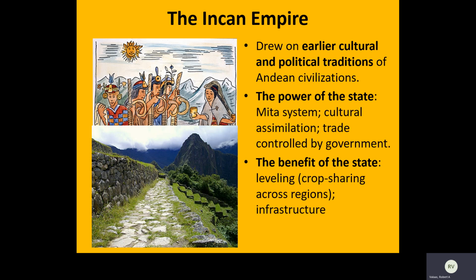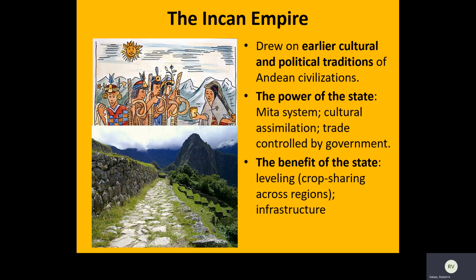Like the Aztec or Mexica Empire further north, the Incan Empire was simply the latest in a long series of states and societies that developed in the Andes region of South America. And like the Mexica, the Inca rulers also drew on earlier cultural and political traditions of earlier Andean civilizations, the Moche and the Chavin. They developed a very powerful state.